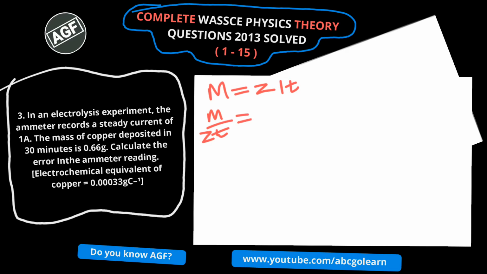That would be equal to I. So I equals the mass given to us, 0.66, divided all through by the electrochemical equivalent. The electrochemical equivalent is what?